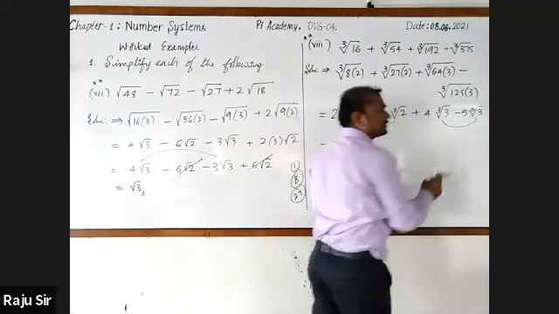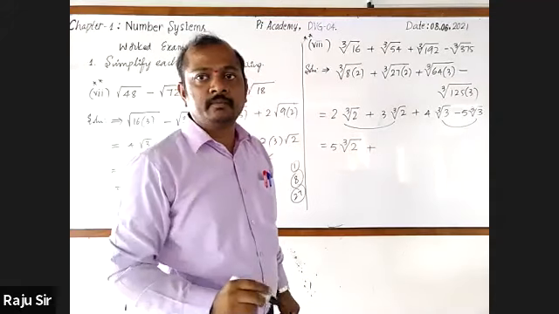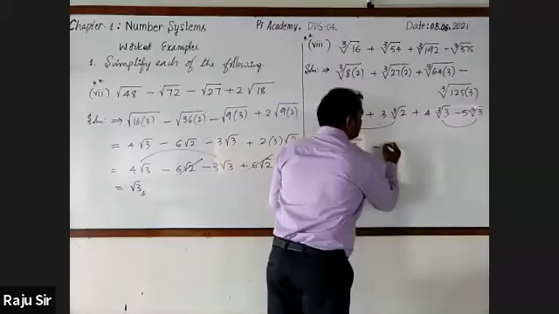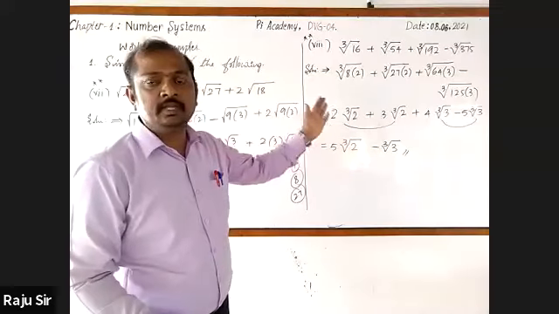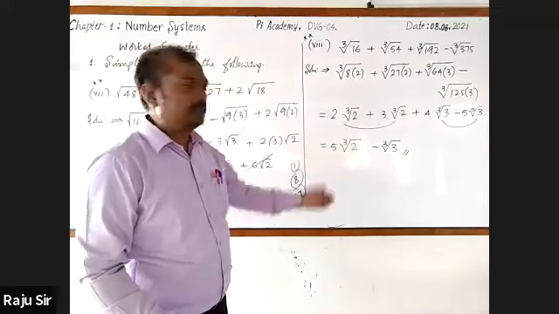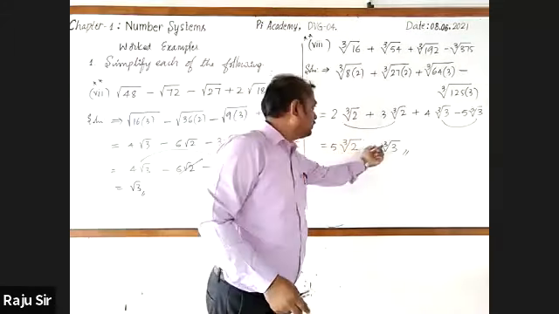Observe the coefficients: 4 and minus 5. 4 minus 5 is minus 1. Minus 1 into cube root of 3, minus cube root of 3. Further simplification is not possible because here cube root 2 is there, here cube root 3 is there. Radicands are unlike, different.